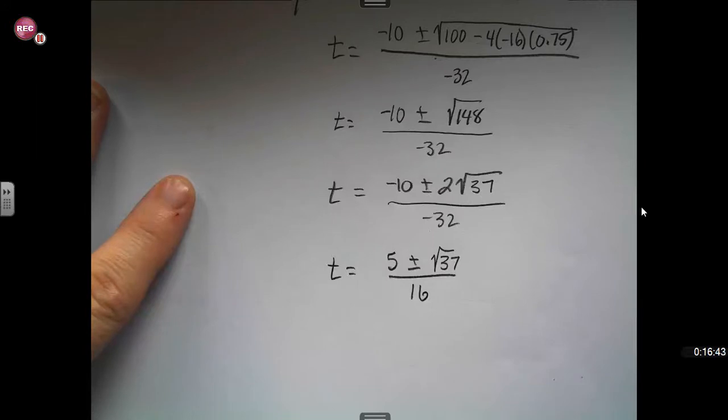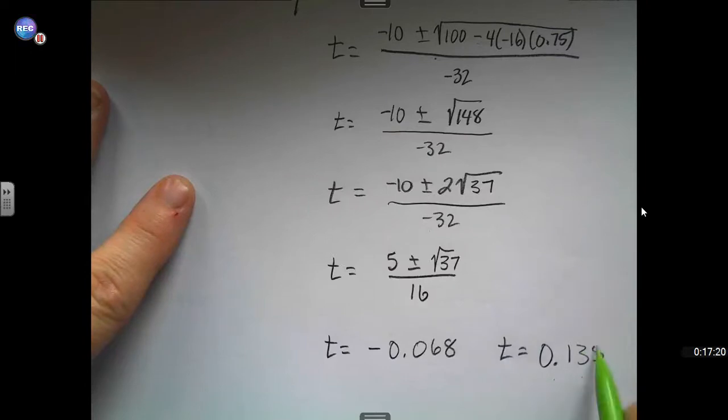Let me do that here. And one of the answers I get is negative 0.068. And the other answer I get is 0.135.